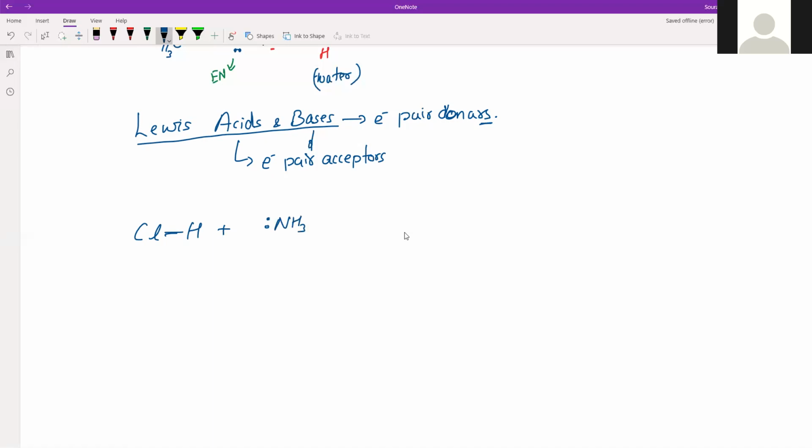Now, if you take these two, there will be a competition between them over who can lose H plus easily. It is HCl which will be able to lose it easily. It will actually give a proton, and that proton will be taken by this.